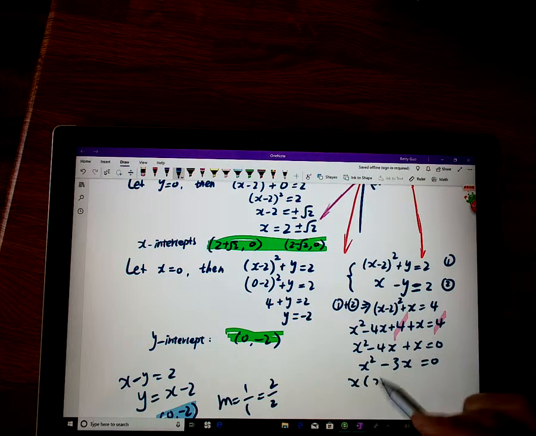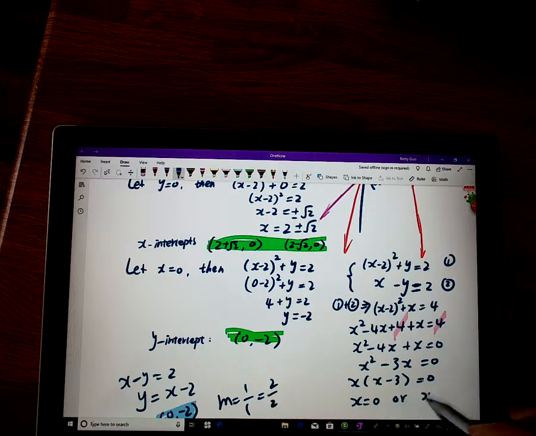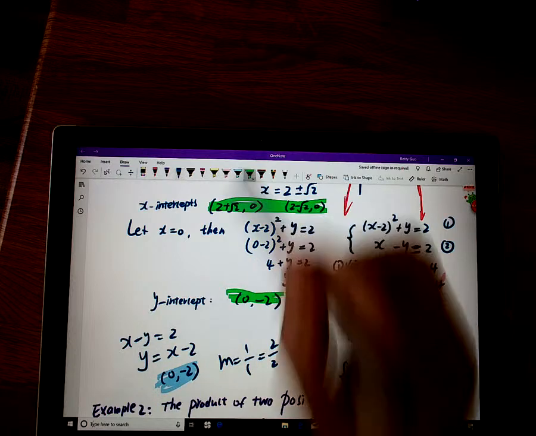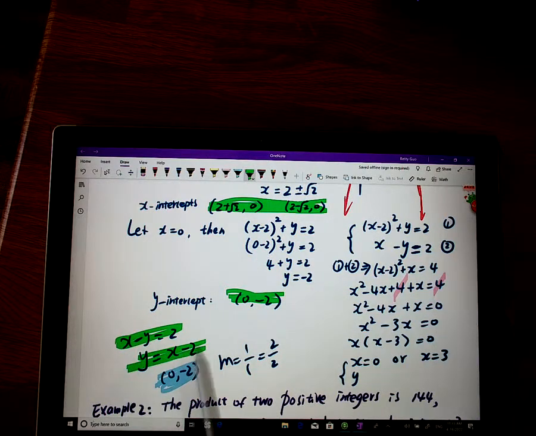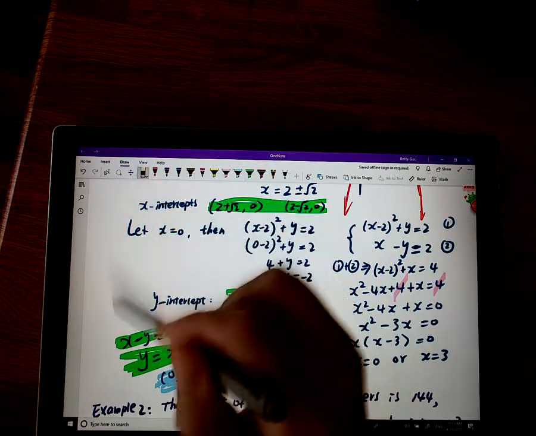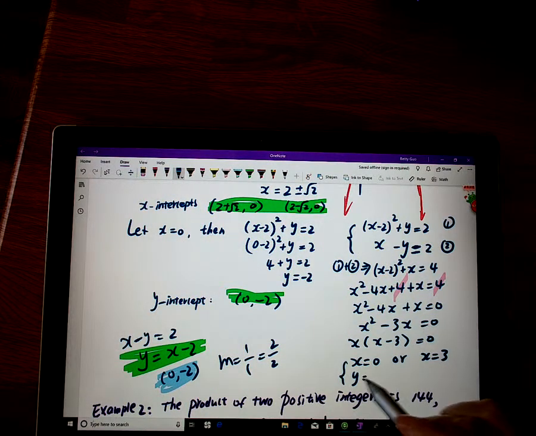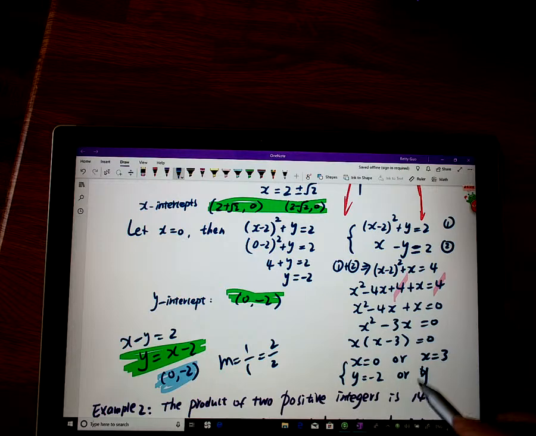Factor x out, x times (x minus 3) equals 0. So x equals 0 or x equals 3. As x equals 0, y equals, because y equals x minus 2, right? So the y value is 2 less than the value of x. y would be negative 2. You subtract 2 from 0, and the corresponding y for x equals 3 would be 1.